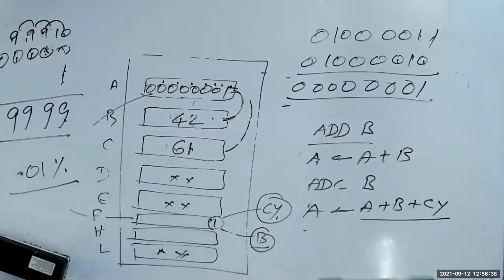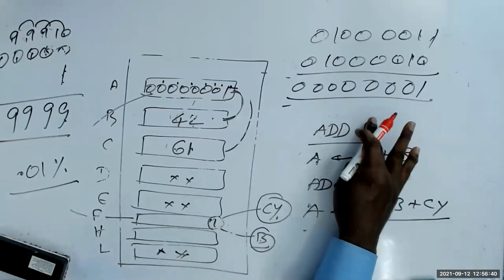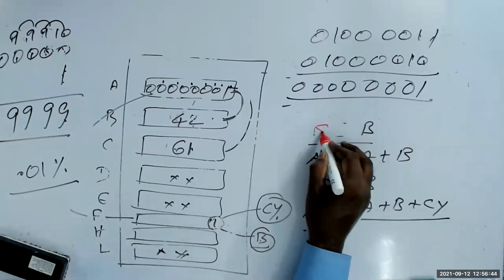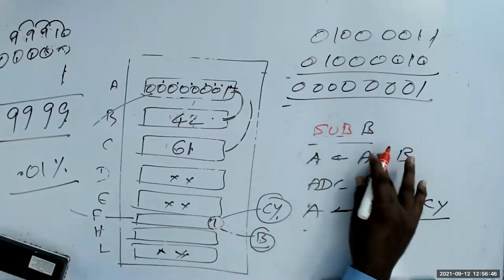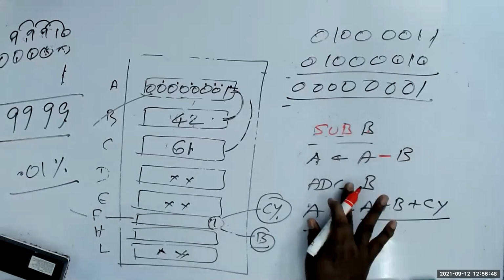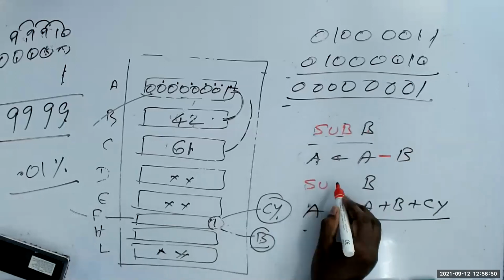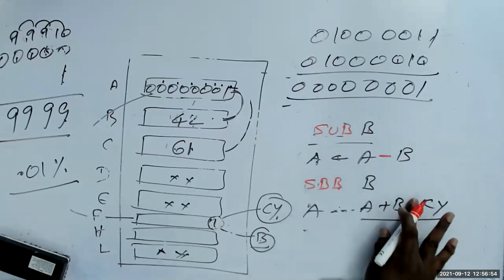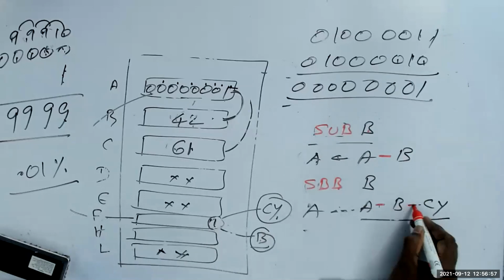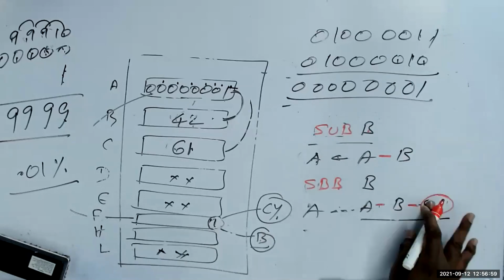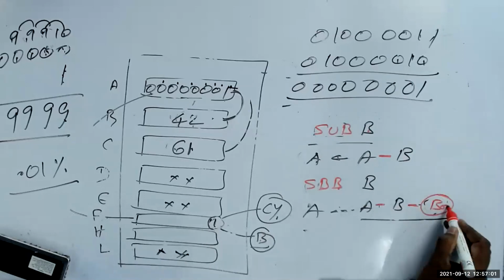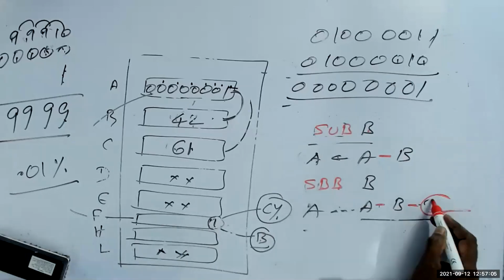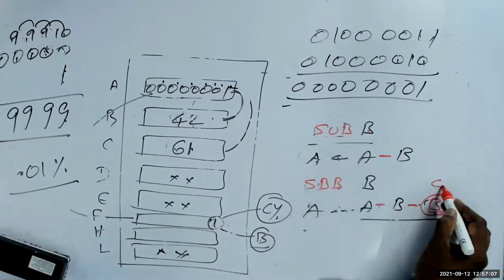Now, if we put subtract B, then A minus B. If we put subtract with borrow B, then I put A minus B minus carry. That time the carry acts as a borrow bit. We still call it the carry bit, or we call it the borrow bit. You can call it BW, borrow.